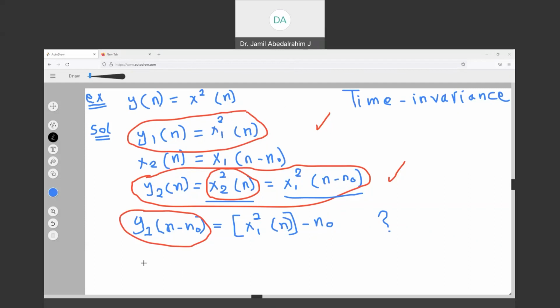Then we get y1 of n minus n naught equals x1 to the power of 2 of n minus n naught.